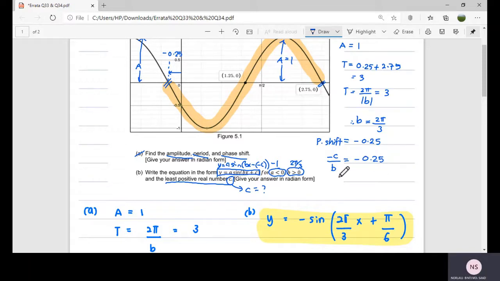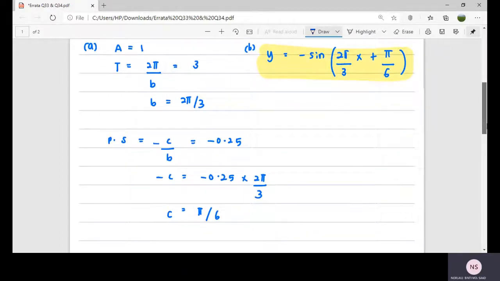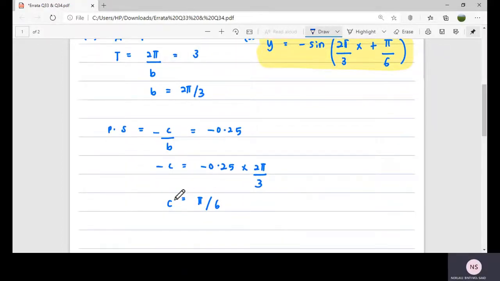Just now we already have B is 2 pi over 3. So negative C over 2 pi over 3 equals negative 0.25, and then you can solve to find C. You can look at this calculation. So C, now a positive real number, is pi over 6.